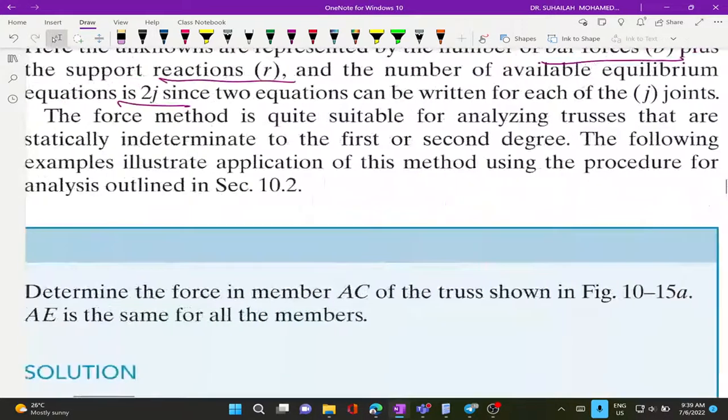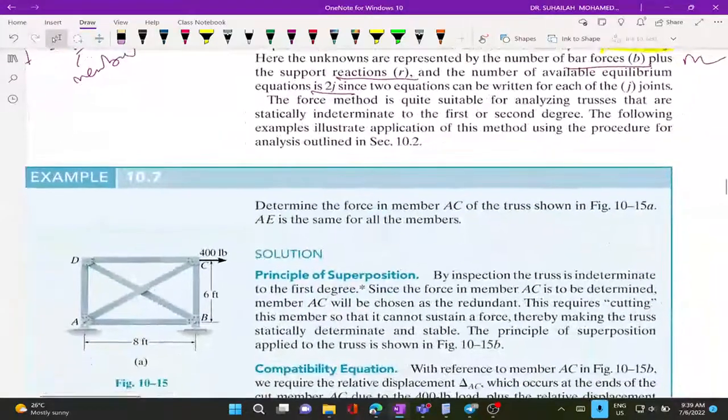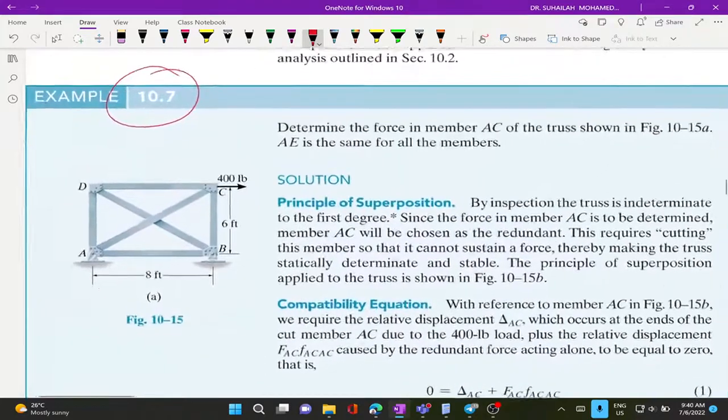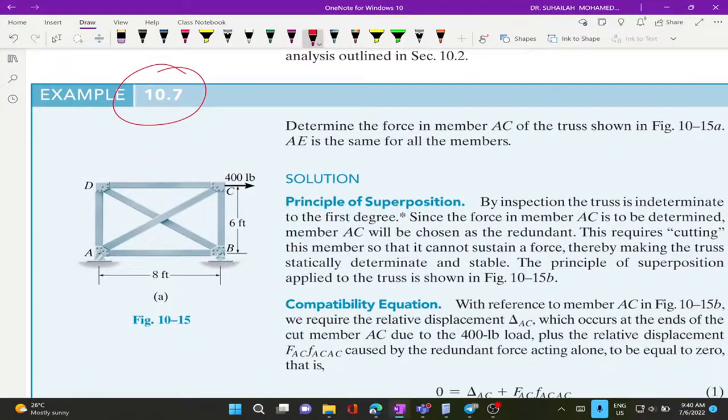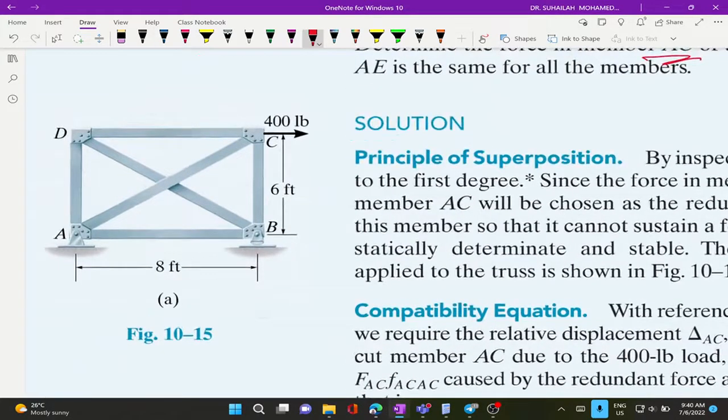So let's look at the example given in the textbook, example 10.7: determine the force in member AC of the truss. Don't worry about the unit, because we want to focus on the value only.